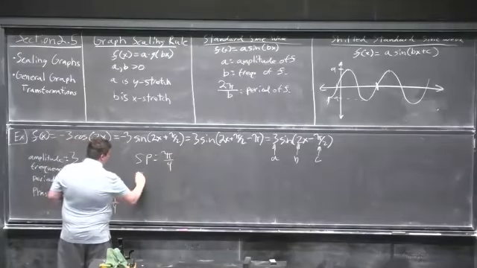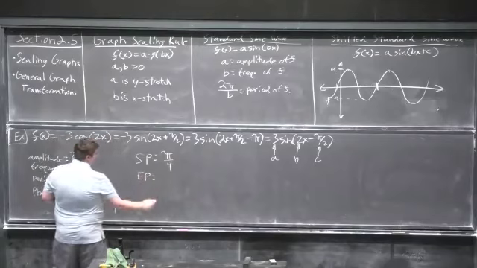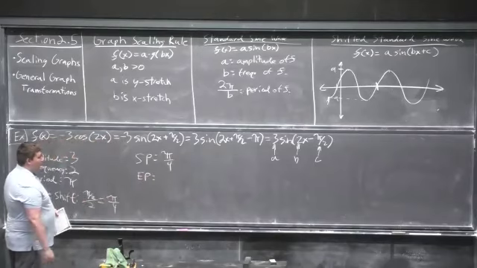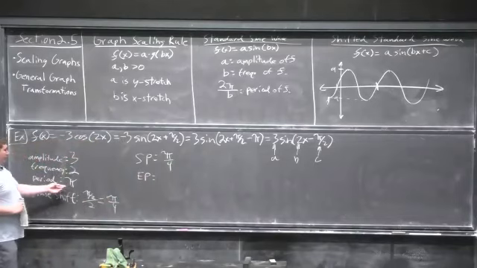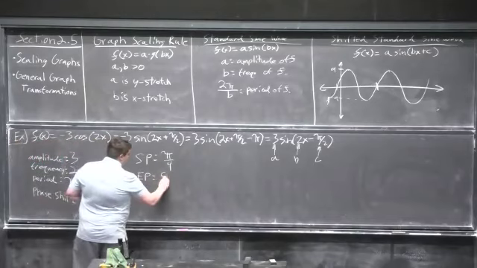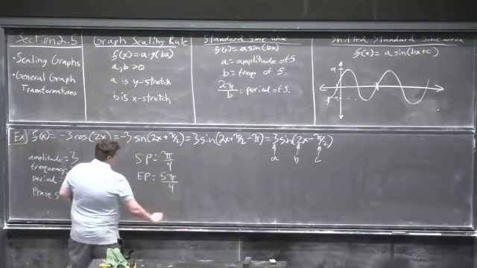My ending point for my first interval or base interval will be pi over 4 plus 1 period of pi. So that would be 5 pi over 4.